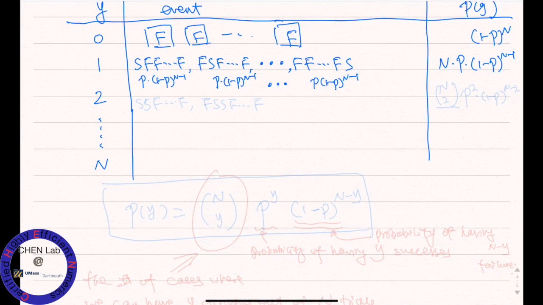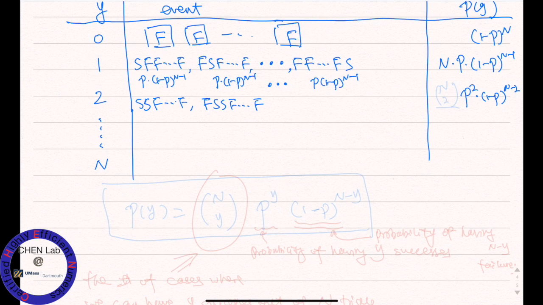We need 2 successes, and it can be S, S, and then F everywhere, right? It can be F, S, S, F everywhere. And you think about the probability for each of them, which we now know is what? P squared times (1 minus P) to the n minus 2.